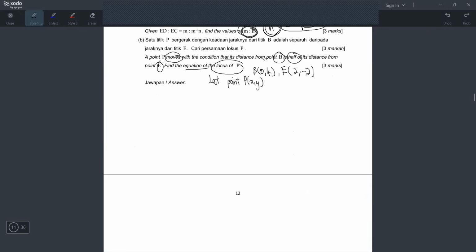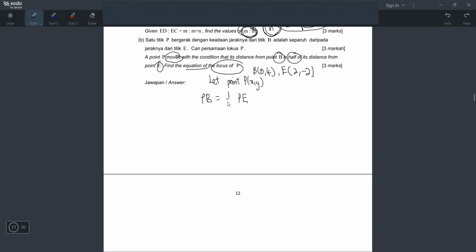So the condition here is what? Distance from P from B. So the PB distance is always half the distance from E. It means one side I will write PB, one side I'll write PE. But this is not correct because they already said P moves such that the distance from B, so PB, is half the distance from PE.